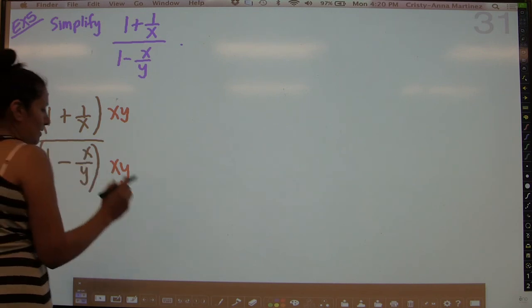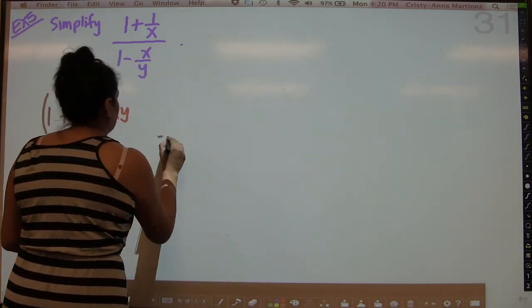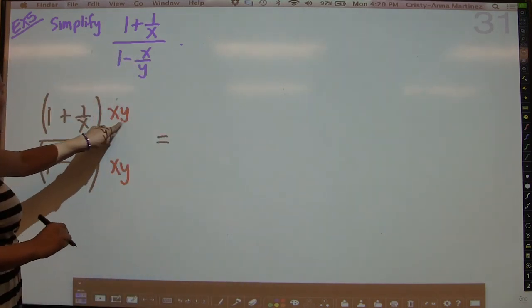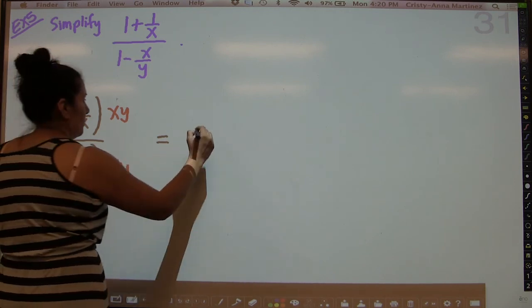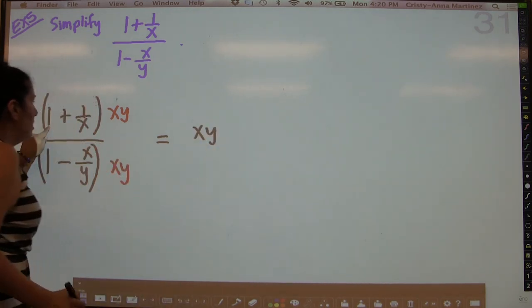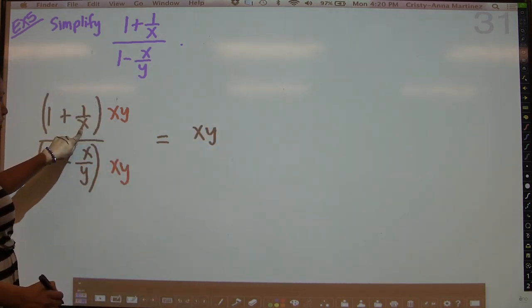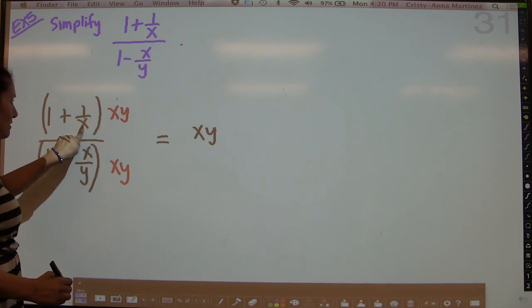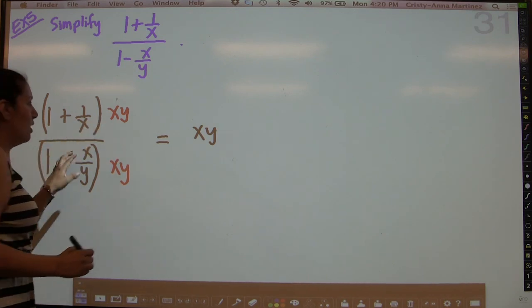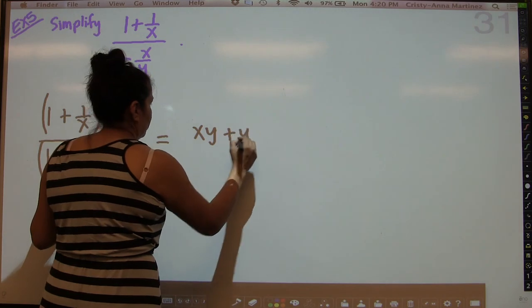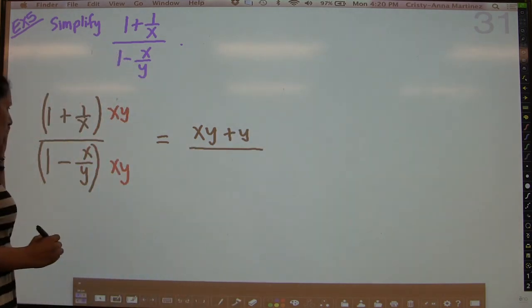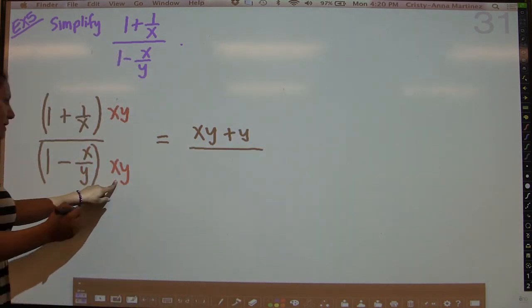Well, what's going to happen here is xy times 1 is just going to be xy. But xy times 1 over x, the x's are going to cancel, and I'm just going to get 1 times y, or plus y. On the bottom, I'm going to get 1 times xy is xy.